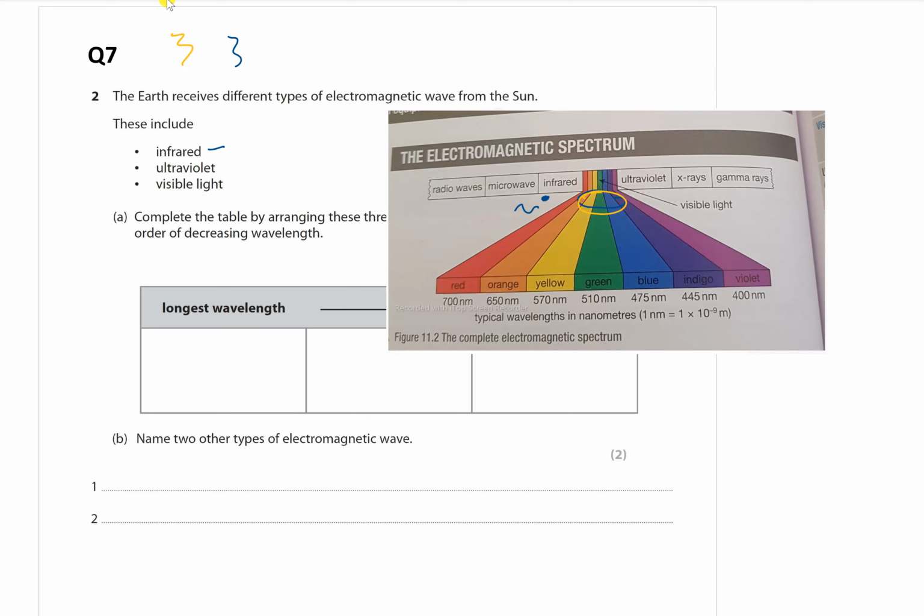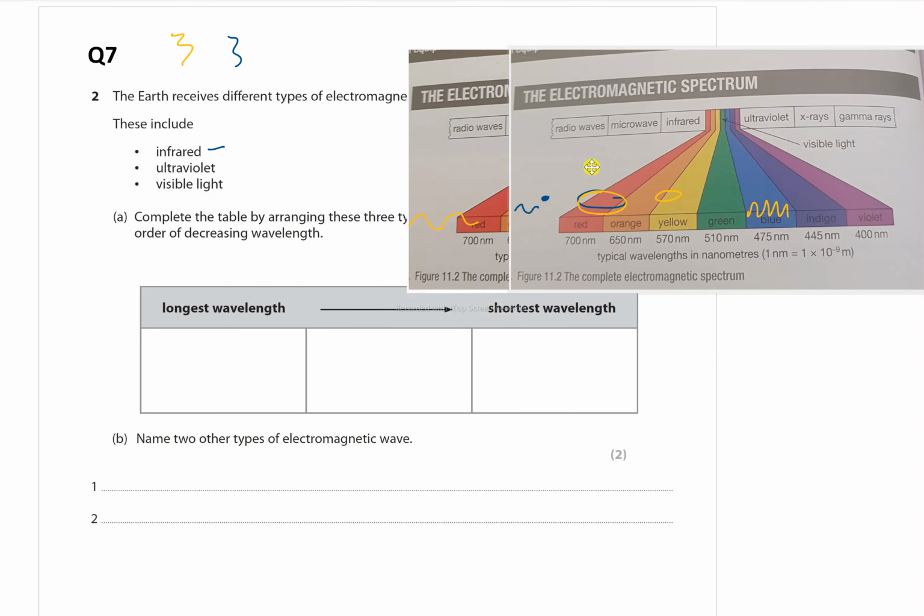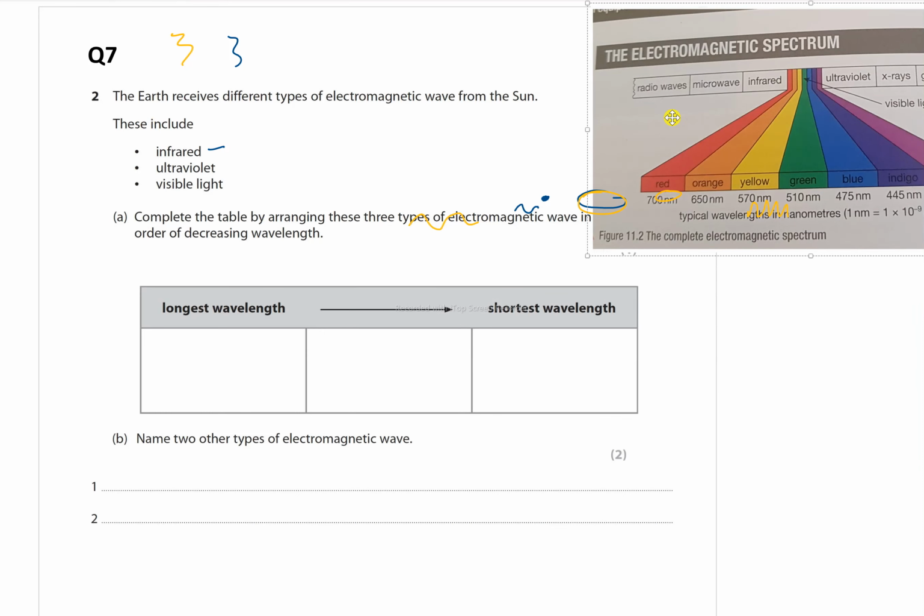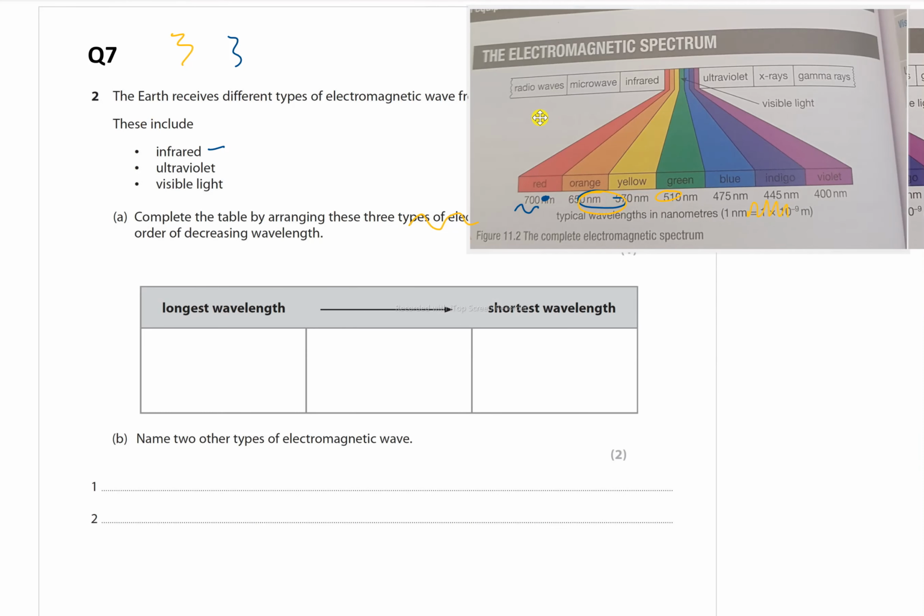Right. So we've got visible light, and then we've got ultraviolet light. This is long wave, this is high frequency short waves. Complete the table by arranging these types of electromagnetic wave in the order of decreasing wavelength.